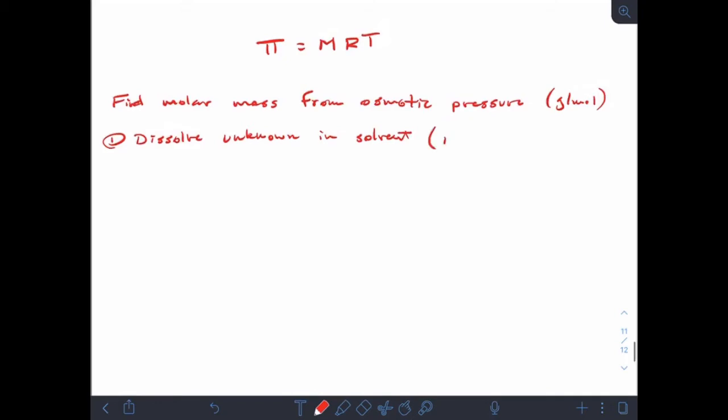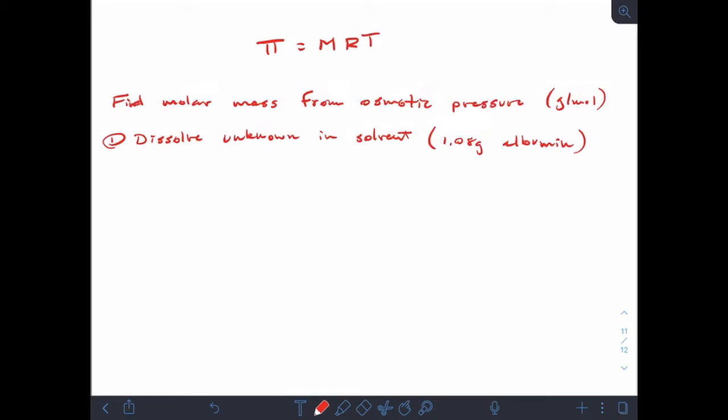Let's say that we're going to dissolve 1.08 grams of albumin, so protein. But we don't know if it's bovine albumin or human albumin or some other kind of thing. We want to determine what is the molar mass of this albumin.